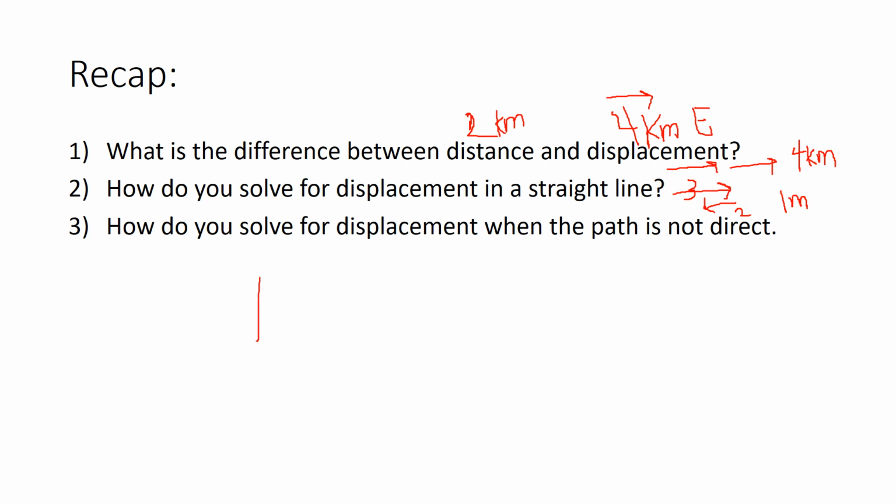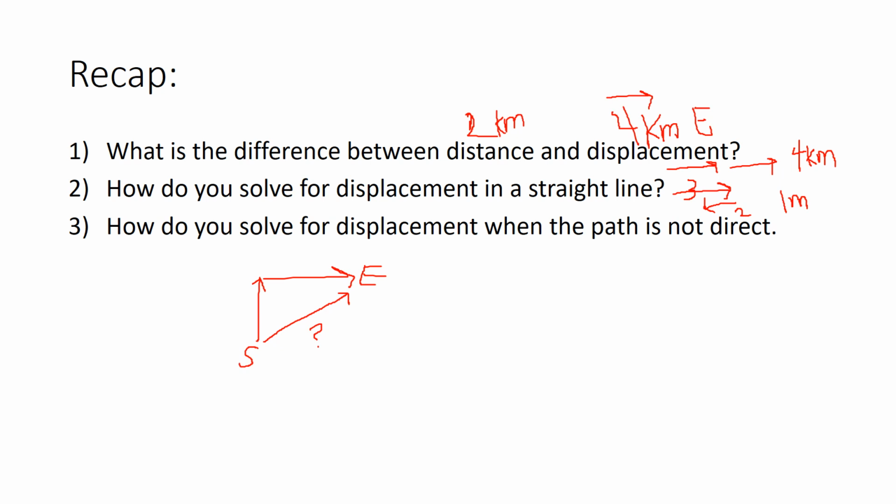Okay, the last one, how do you solve for displacement when the path is not direct? When the path is not direct, but it forms a right angle. So say we traveled north, and then say we traveled west, okay? And if this is our starting point and this is our ending point, our displacement would be from here to here, and that's what we would want to know.